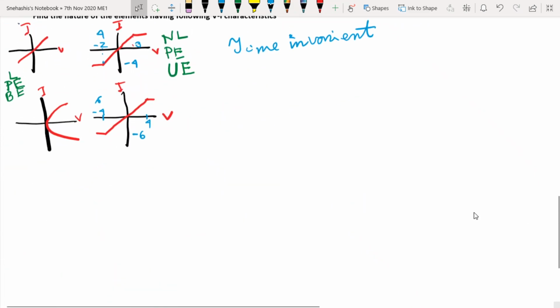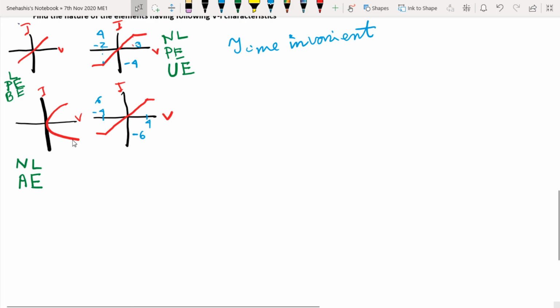On the next, here you can see that the element is not maintaining a straight line relationship, so obviously it is a nonlinear element. The quadrants that the characteristic covers are the first and fourth, so at least one active region is there, so it is not a passive element, it is an active element.